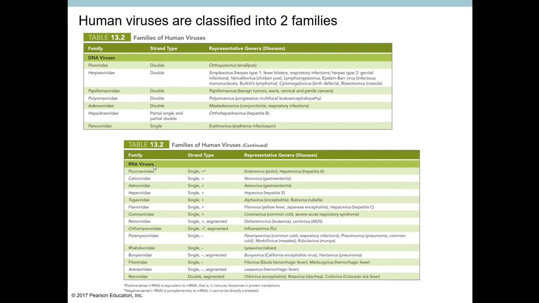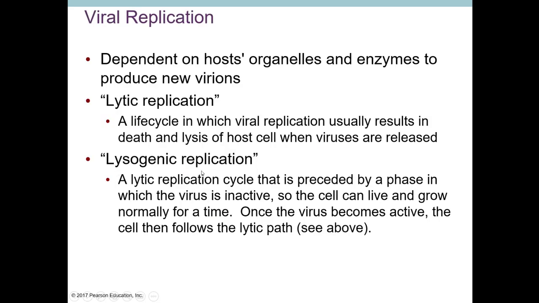So what I'm saying is, in viruses, the biggest division point is whether it's a DNA chromosome or an RNA chromosome. Yes, we're interested in whether it's enveloped or non-enveloped, but DNA and RNA is the main division they have used as the first division of organization of viruses into classification groups. So you're not going to memorize all these, but you do need to know that DNA versus RNA is the main division point for classifying viruses.